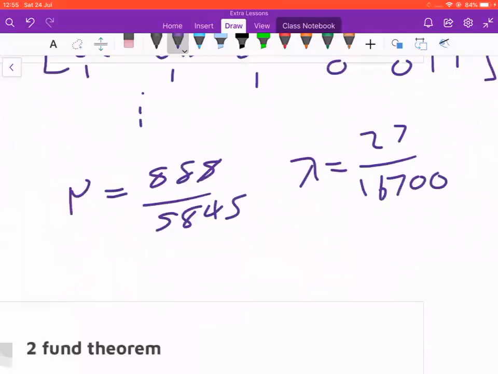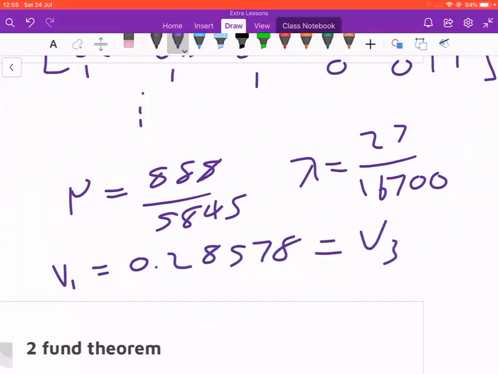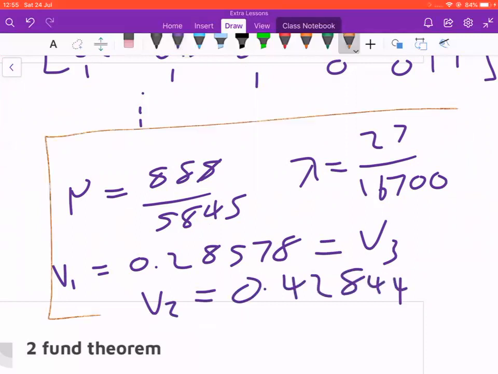And the weights, after I have normalized them, I got 0.8578 for 1 and for 3, and then for 2, 0.42844. So you can try this at home and check if it's correct. But I will do this later on.